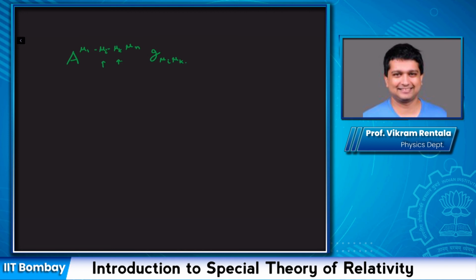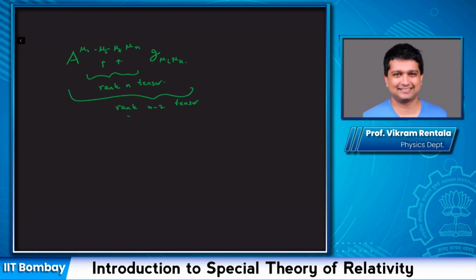If you have a rank n tensor, taking the dot product of two indices lowers the rank, so that the new object that you get is a rank n minus 2 tensor. You can check that this new object would transform as a rank n minus 2 tensor.